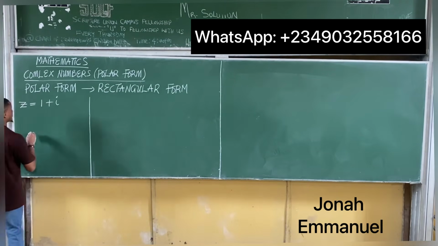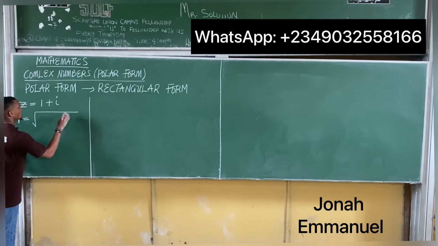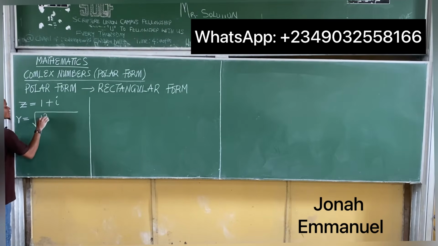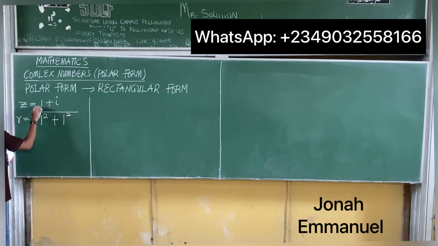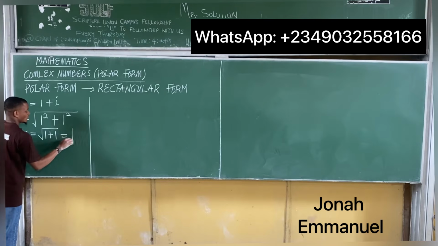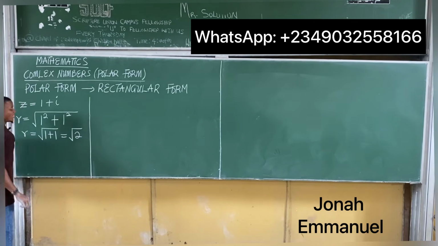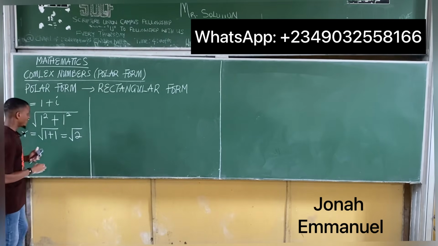The modulus r is simply equal to the square root of 1 squared plus the imaginary part's coefficient, 1 squared. We did this in our previous class. r is equal to the square root of 1 squared, which is 1, plus 1 squared, which is 1. That's equal to the square root of 2. So I have root 2 as my modulus.